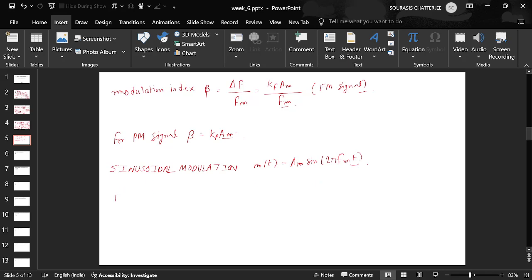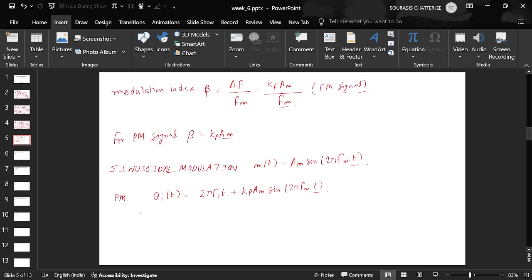So what we have seen for the phase modulated signal, your instantaneous phase is going to be something like this: 2 pi fc t plus kp m(t), where m(t) is Am sine 2 pi fm t.